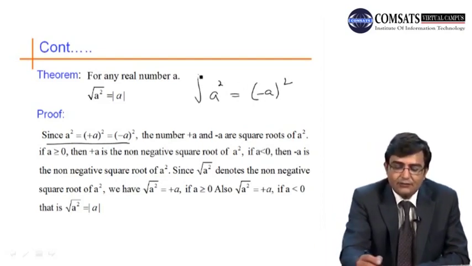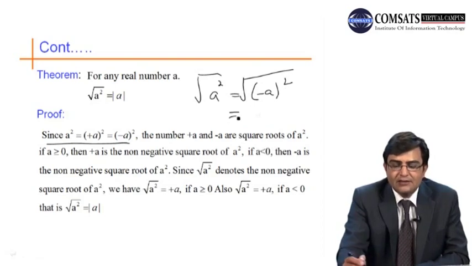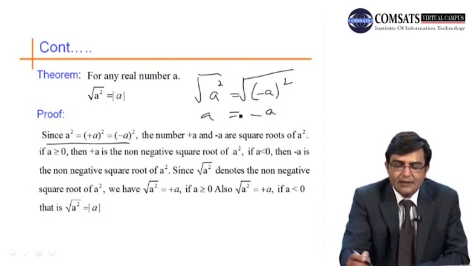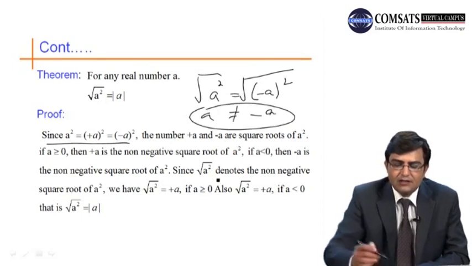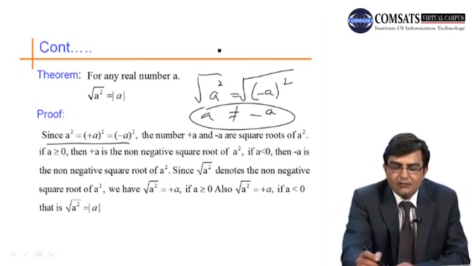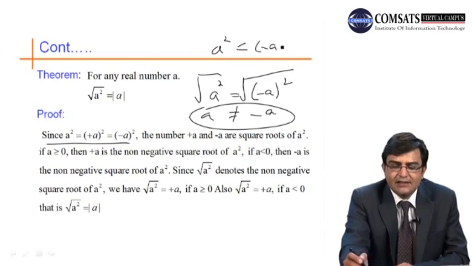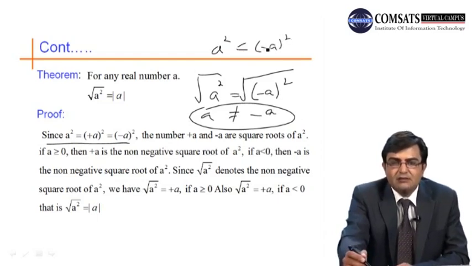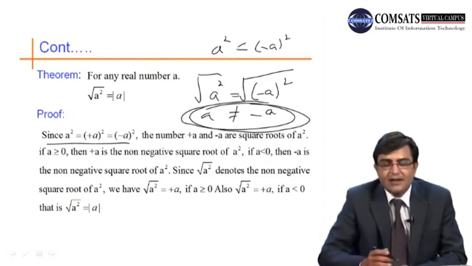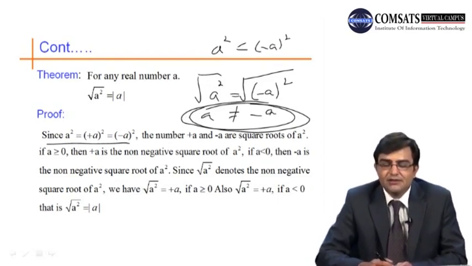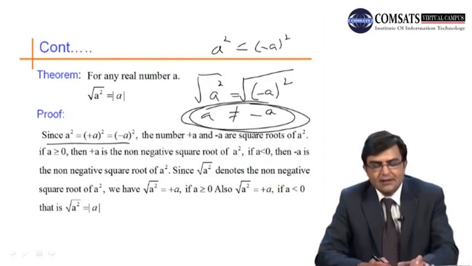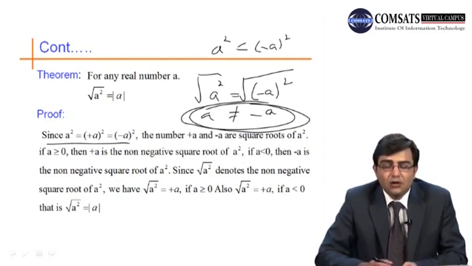If we take the square root of this, then it could be minus a or plus a. These two numbers are not equal, but here we can see that a square is equal to minus a square, because with the square we convert minus into plus. If these two numbers are the same, but we take the square root, the resulting numbers a and minus a are not the same numbers. This is why we write the square root of a square is the absolute value of a, not simply a.